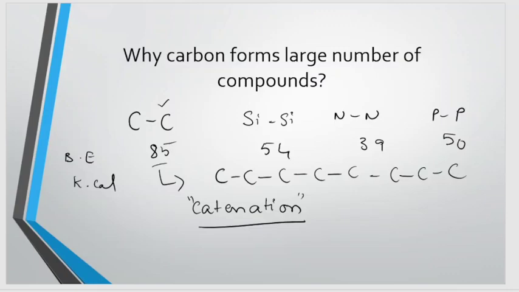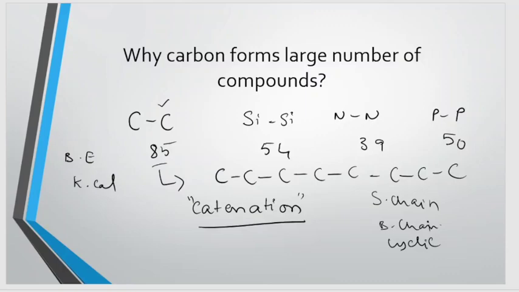Because of this catenation property, carbon is able to form straight chain compounds, branched chain compounds, or cyclic compounds, ring chain compounds, etc. A huge number of straight chain, branched chain, cyclic compounds, and complex steroids, complex organic compounds are formed by carbon because of this catenation.